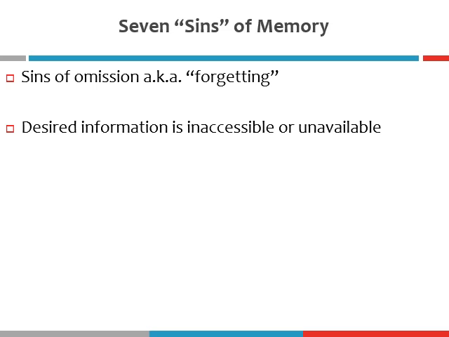So he's trying to explain 3 different examples of when such forgetting might occur. Okay, so we'll go through transience, absent-mindedness, and blocking, which are all examples of cases where the desired information that you want to access is no longer available, or you can no longer get to that memory representation.